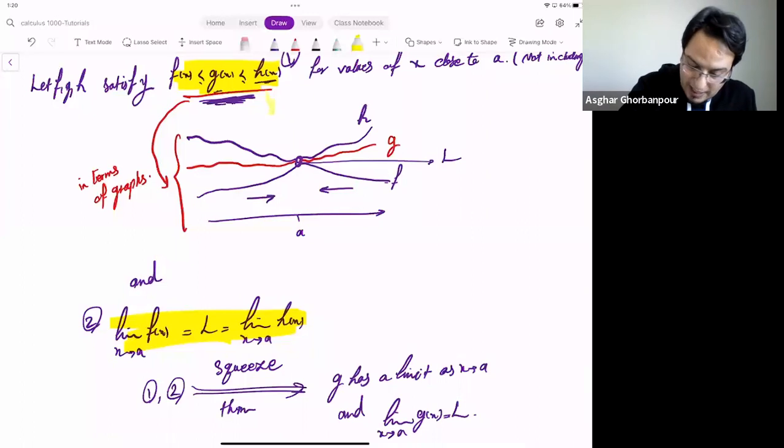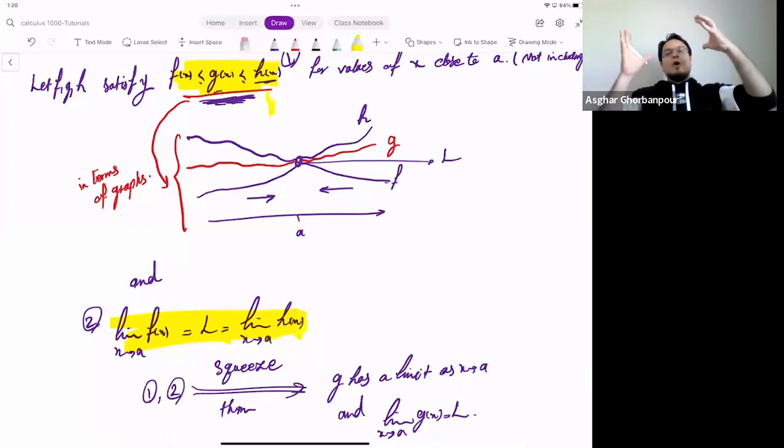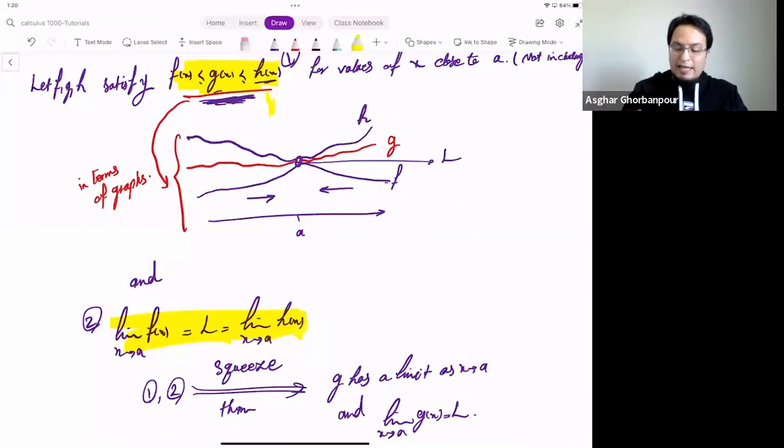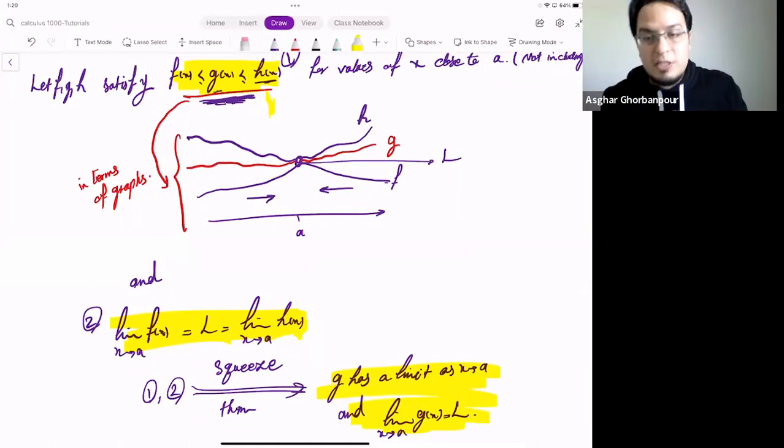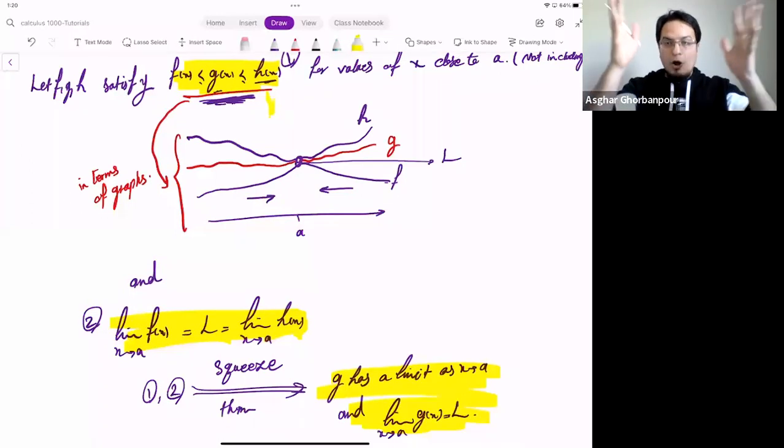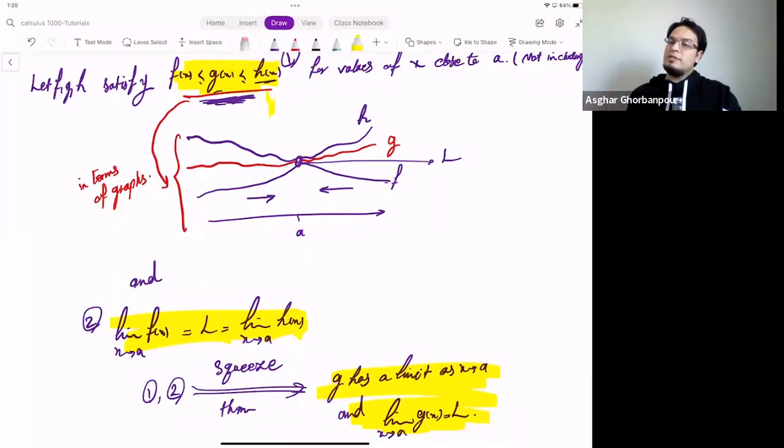If these two are there, then the drill will start working and make a hole in the wall. If any of these is not there, the squeeze theorem cannot work. So you have to make sure to put in all these steps when you're using the squeeze theorem.